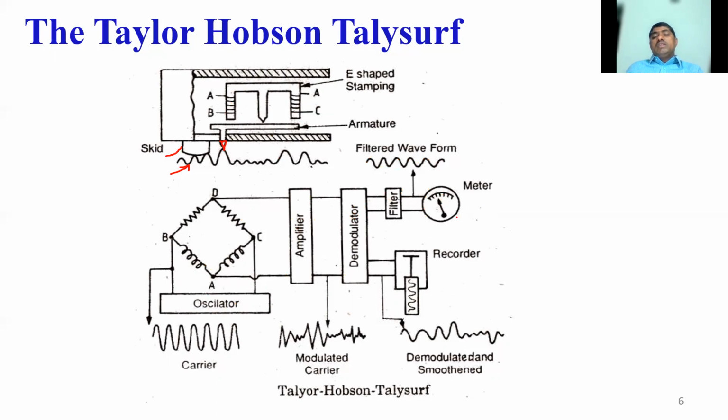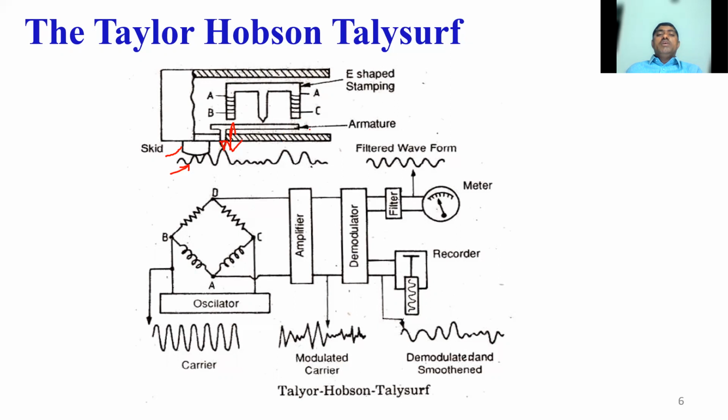Here the current is directly proportional to the surface irregularities, and there is a recorder also, which can record or plot the graph of the demodulated smoothed curve. The principle is that if the skid is drawn over the surface which is to be inspected, because of the irregularities, the stylus will get a vertical movement, that is, an up and down movement.